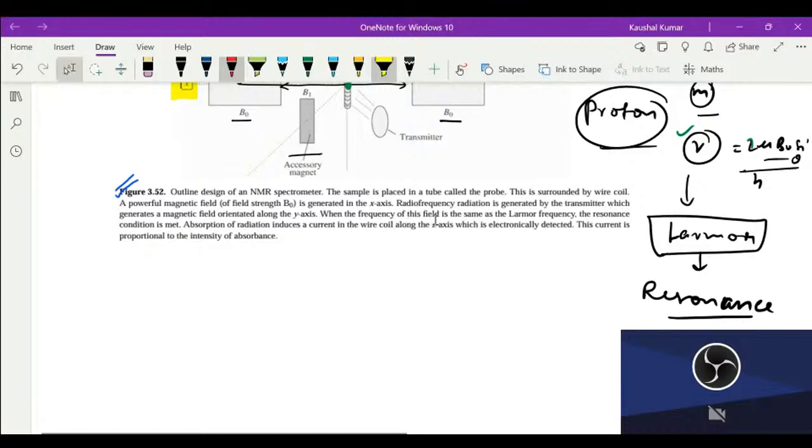When the frequency of the field is the same as the Larmor frequency, the resonance condition is met. This is important. The Larmor frequency should be achieved, so the resonance will occur.